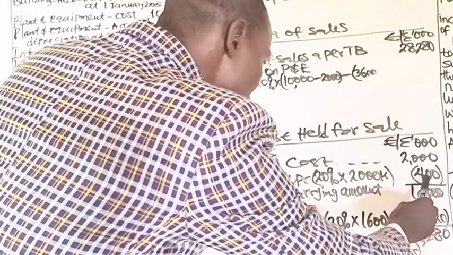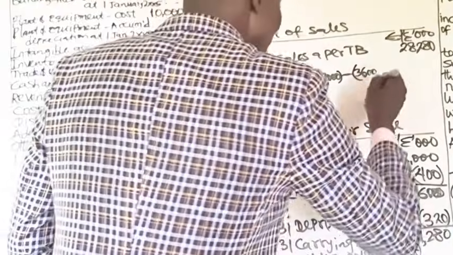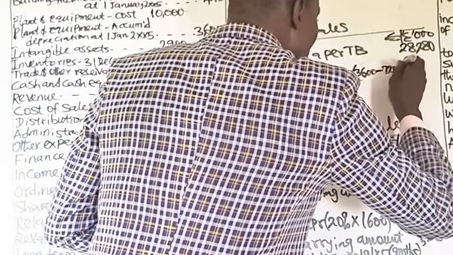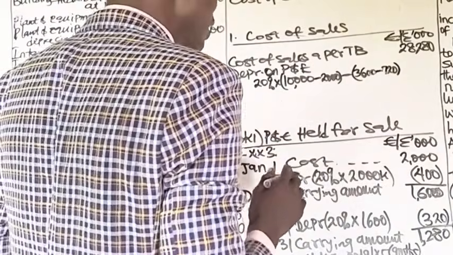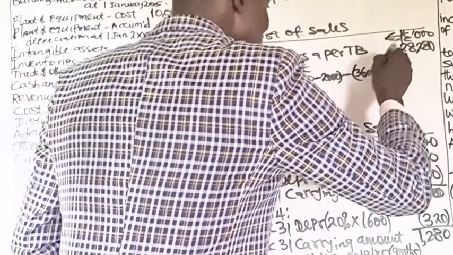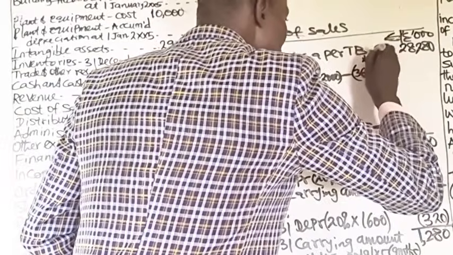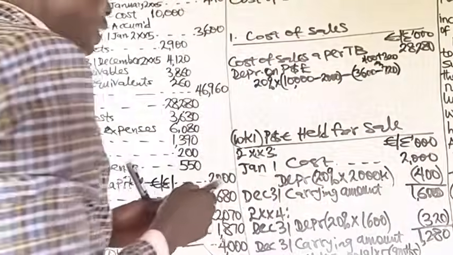That means 400 plus 320, that will be 720. That is the accumulated depreciation as at 1st of January 20X5. This 720 comprises 400 plus 320. That is how I got the 720.